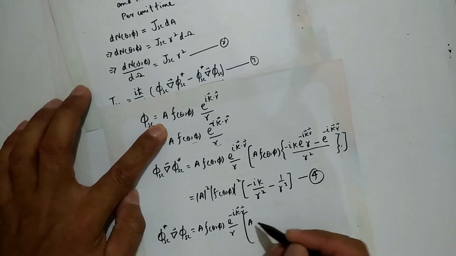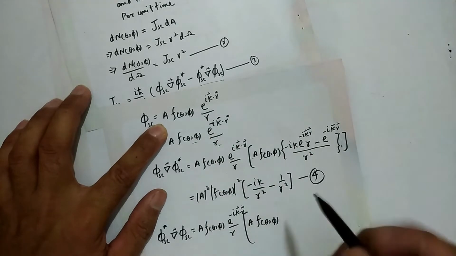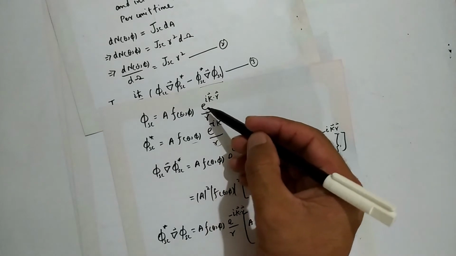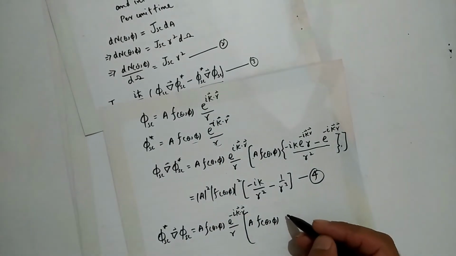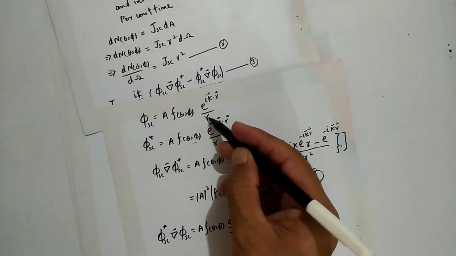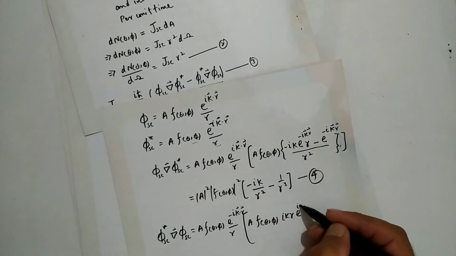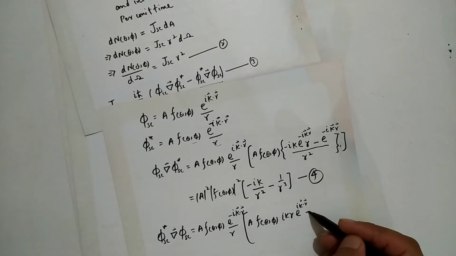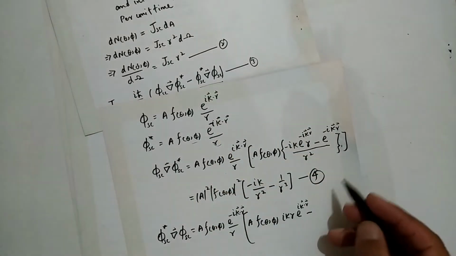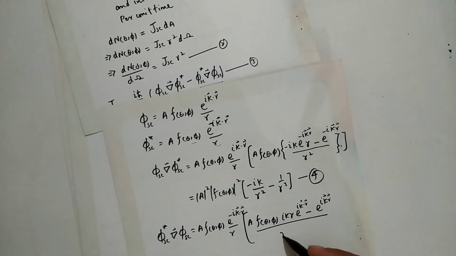So it will be A times f of theta and phi, and the derivative of this one, which will be ik, multiplied by this term r, and we will get e power ikr, minus the derivative of this one, which is 1, times this one, ikr, divided by r square.